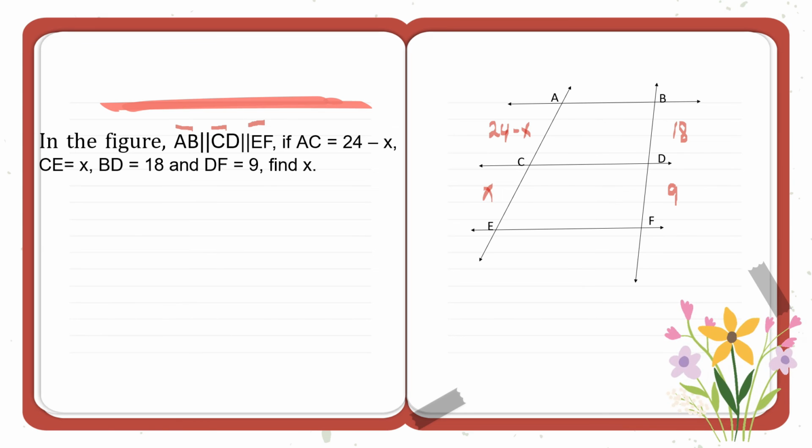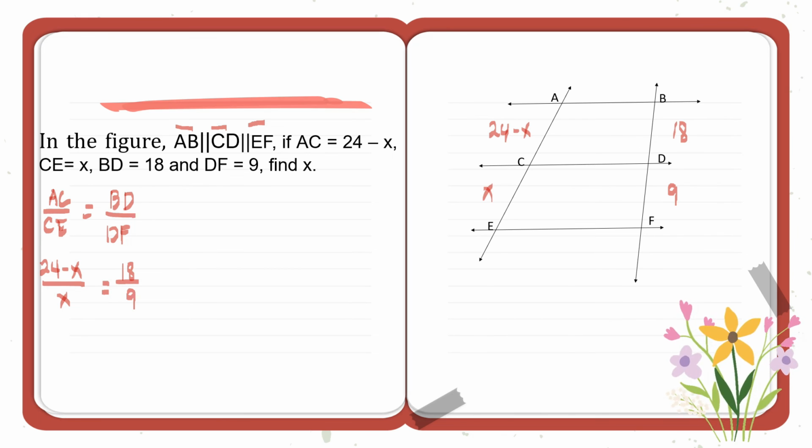Let's try two proportions and see if we arrive at the same answer. Let's use first AC over CE equals BD over DF. So AC is 24 minus X over CE is X, BD is 18 over DF is 9.